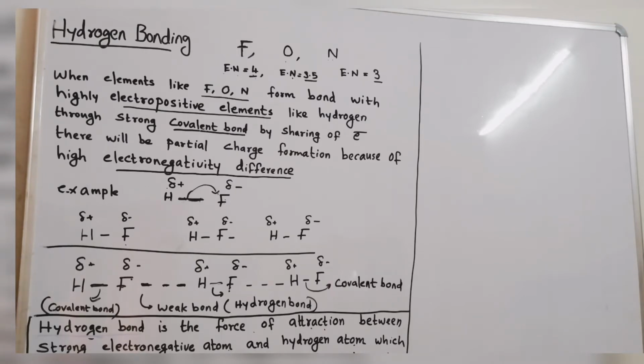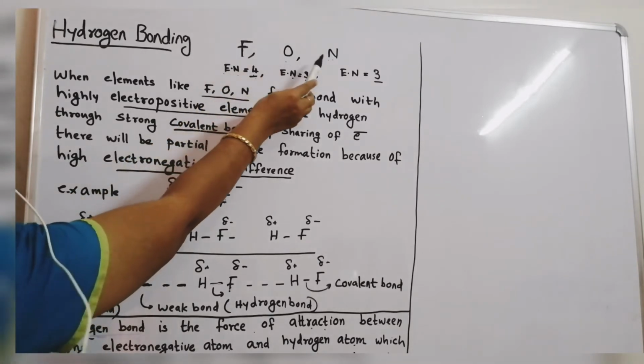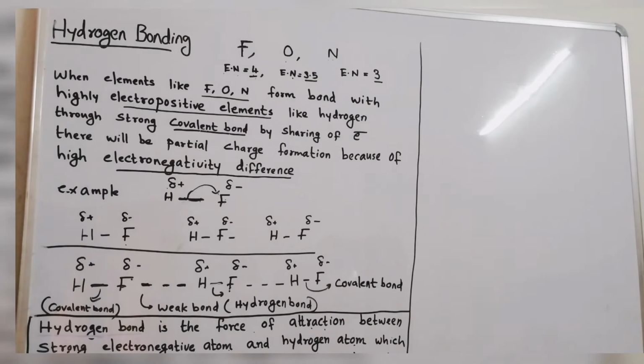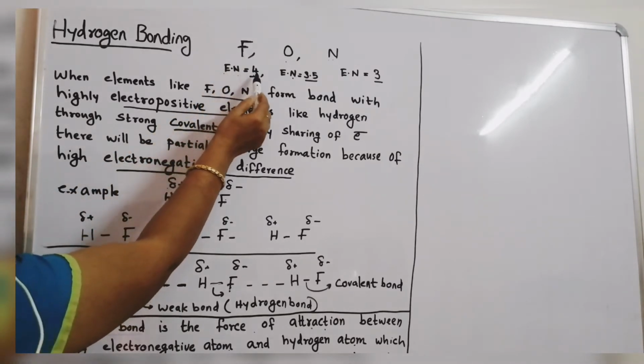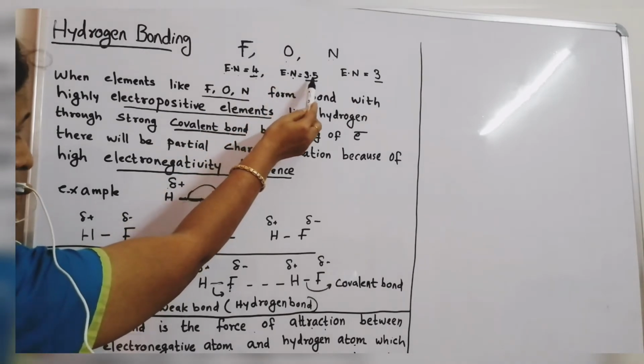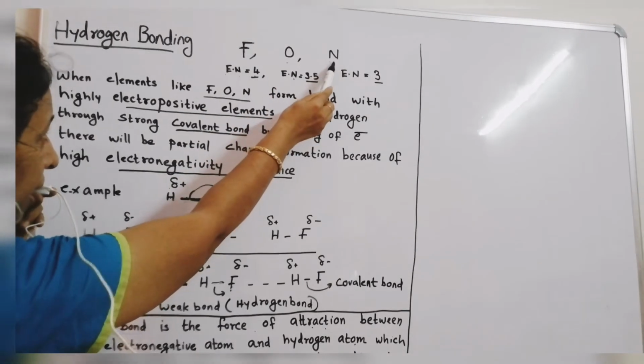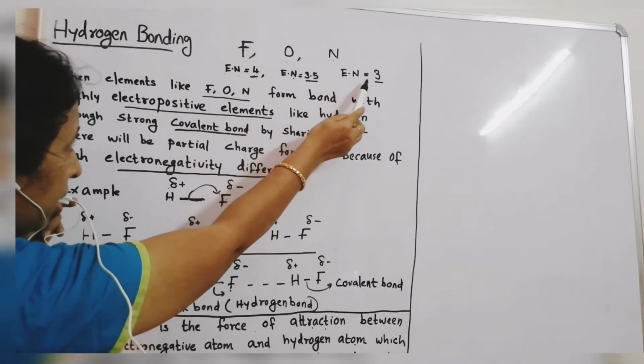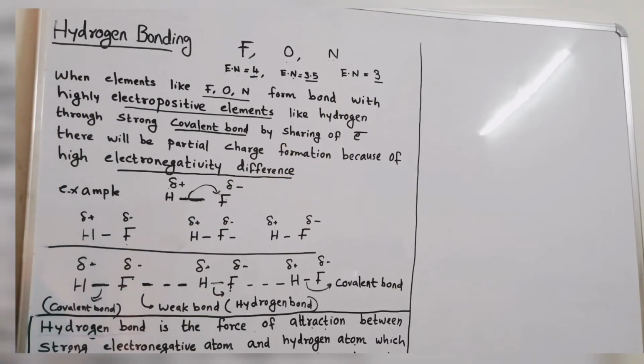We know that elements like fluorine, oxygen and nitrogen have the highest electronegative values. Fluorine electronegativity is 4, oxygen electronegativity is 3.5 and nitrogen electronegativity is 3.